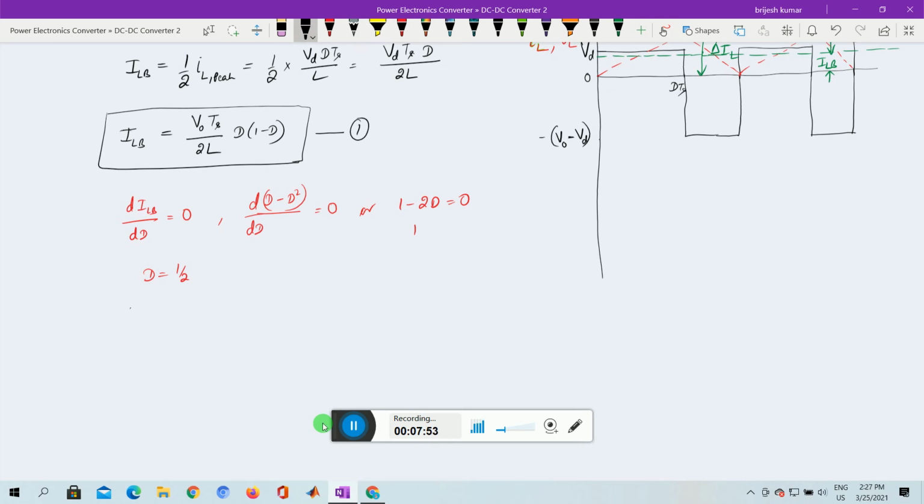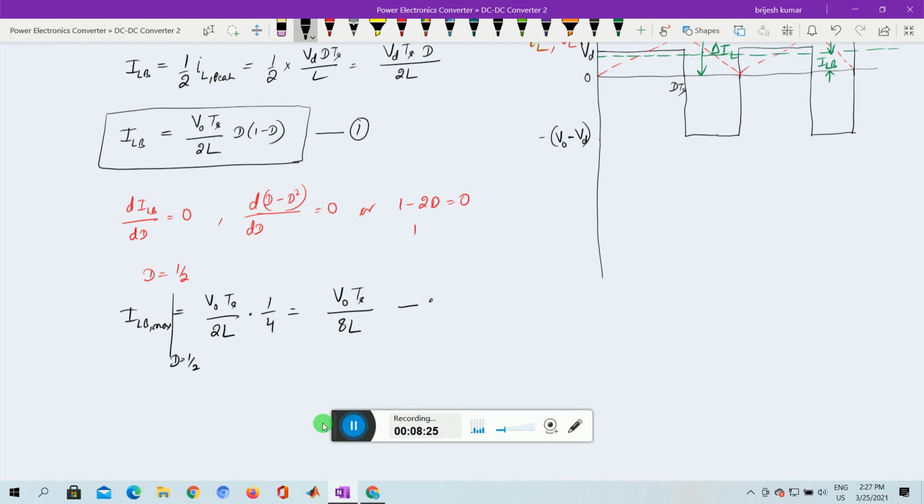So we can write ILB max at D equal to 1 by 2 is equal to V0 TS by 2L, after substituting 1 by 2 and 1 minus 1 by 2, which is 1 by 4. So this comes out to be V0 TS by 8L. This is the value of ILB max. Can we write ILB in terms of ILB max?